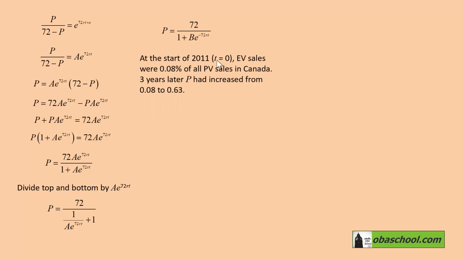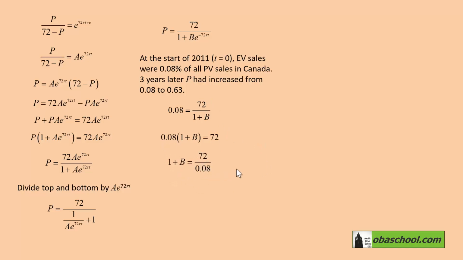At the start of 2011, t equals 0, EV sales were 0.08% of all passenger vehicle sales in Canada. So 0.08 is 72 over 1 plus b. Remember, that's t equals 0, so the exponential term is just 1. So rearranging, we get this.